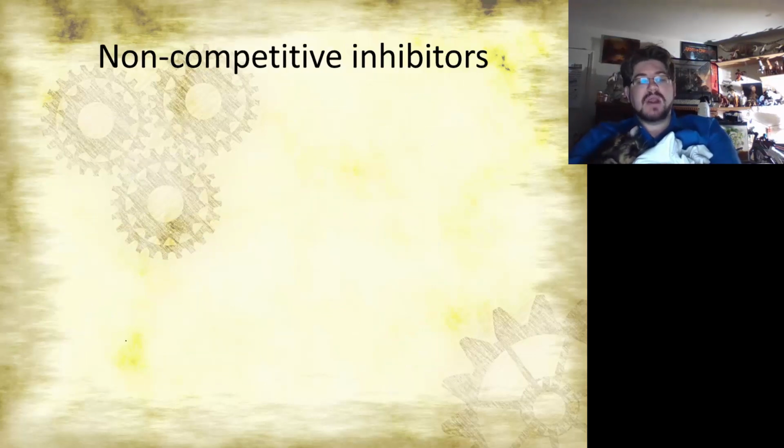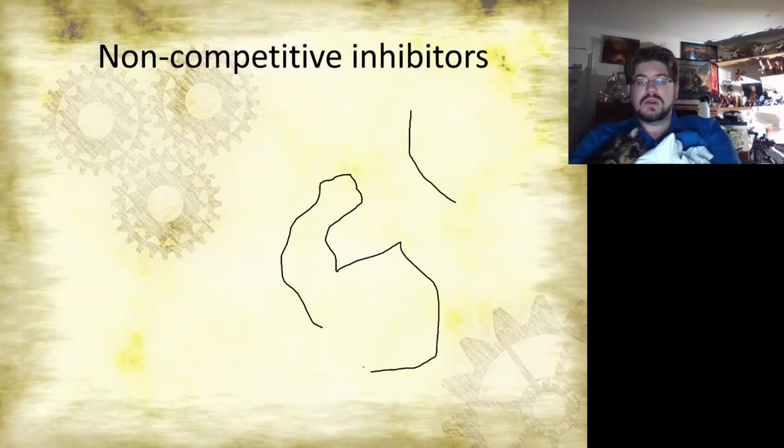Now let's talk about non-competitive inhibitors. So again, well, no, I want to be over here. So here's our enzyme. Oh, this is a weird looking one. And here's our active site. Here's our substrate.